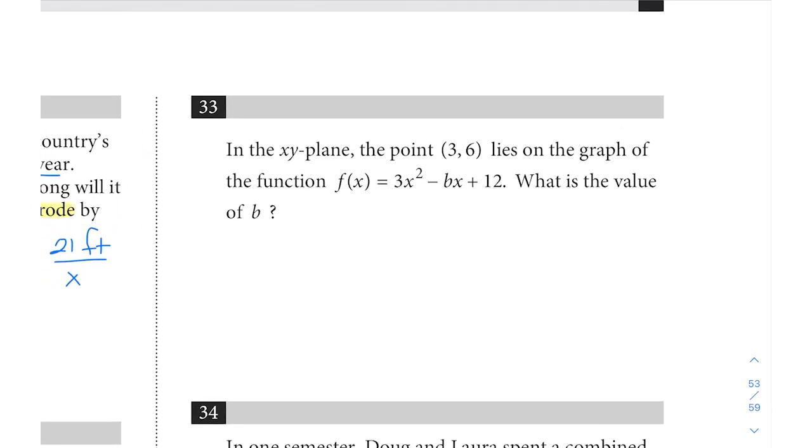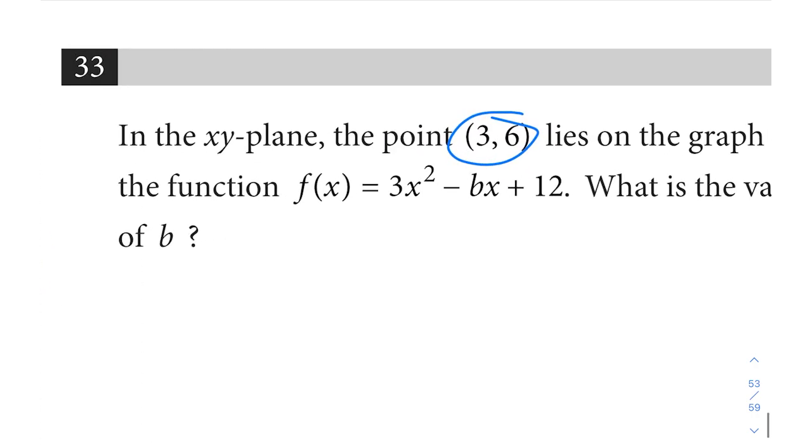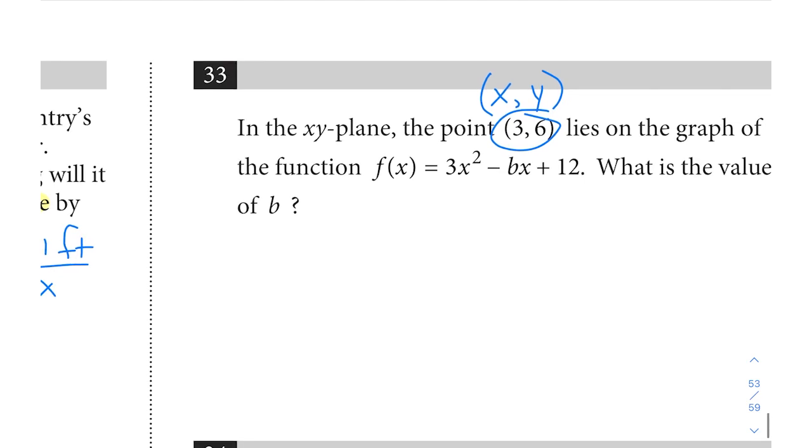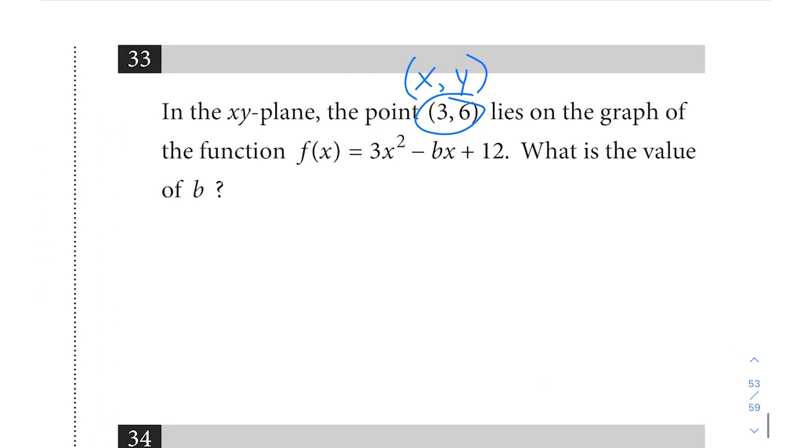On to number 33. Here in the xy plane, the point 3, 6 lies on the graph of the function f of x equals 3x squared minus bx plus 12. What is the value of b? So we've said this before, and hopefully it's something that we're starting to get the hang of, but whenever they give you a coordinate in that form of xy, we want to go ahead and plug those values in for x and y correspondingly.